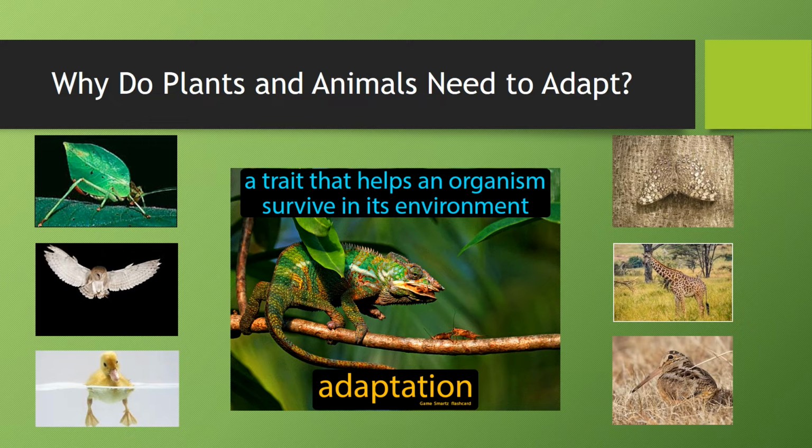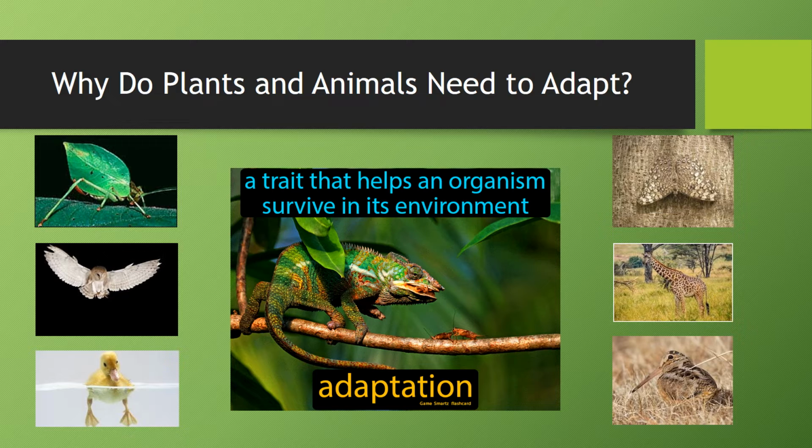So why do plants and animals need to adapt? A trait that helps an organism survive in its environment is called an adaptation. Take a look at these 6 photos here on this slide and see if you can pick out some adaptations. And picture where you might find these critters on the planet.